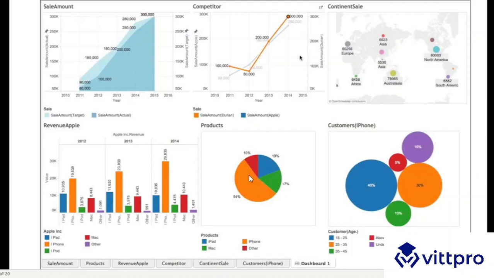I have seen people use pie charts even for comparisons, but you can use it only to show the share of revenue or share of product in the overall scenario, the contribution of each product to the total sale. The pie chart is more commonly used for the share purpose.